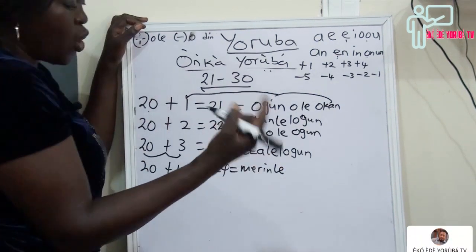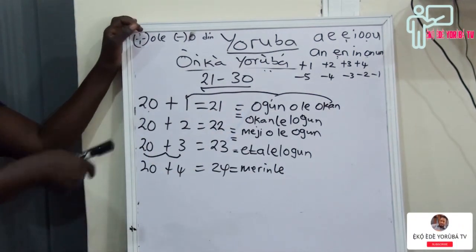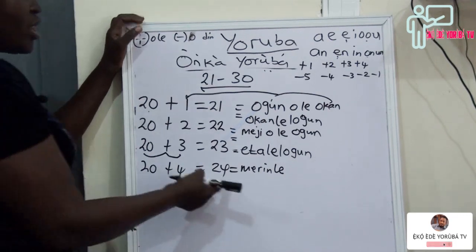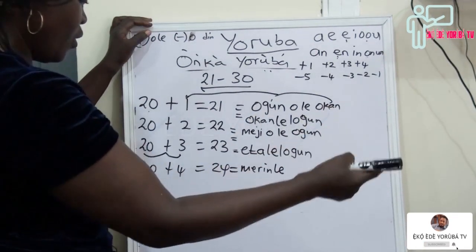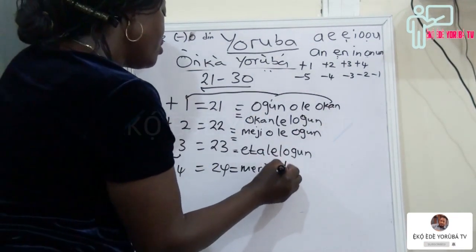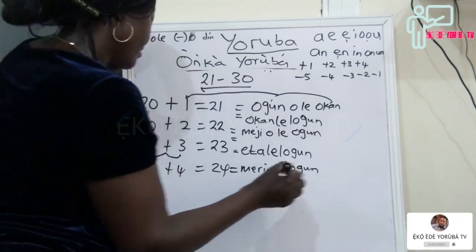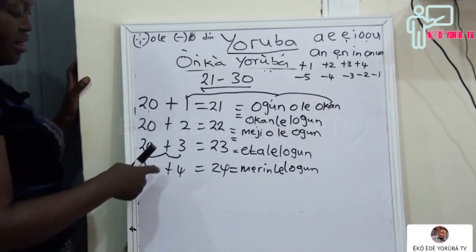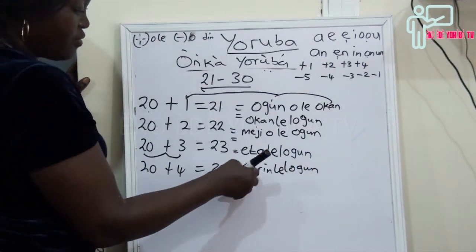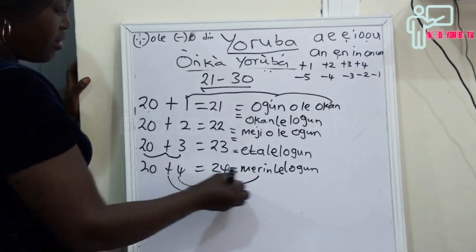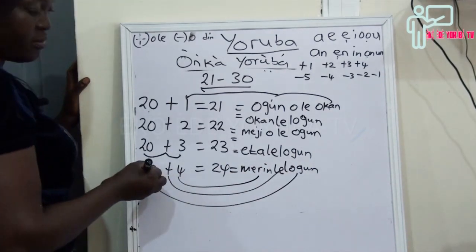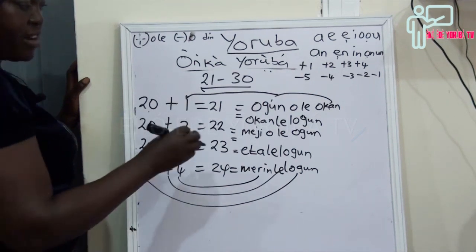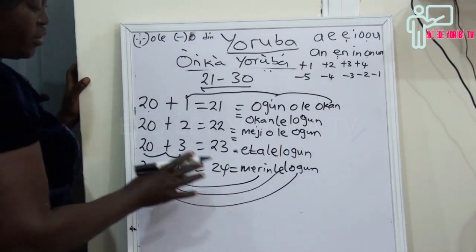You know I didn't put ó again because it's still the same thing. So it will now be mẹ́rìnlélógún. Mẹ́rìnlélógún. This 4, lélógún. Mẹ́rìnlélógún. You can see now.